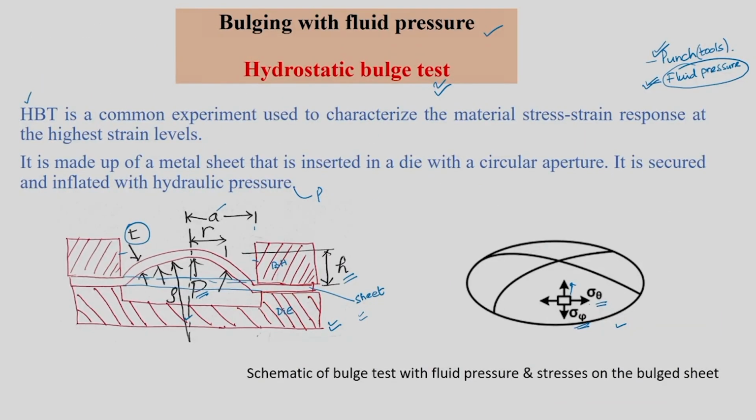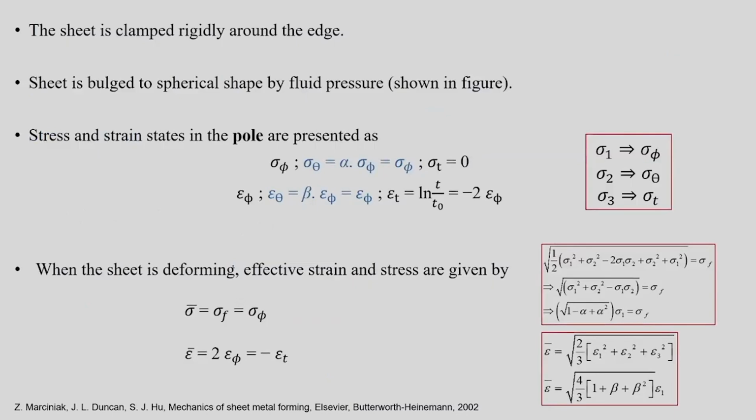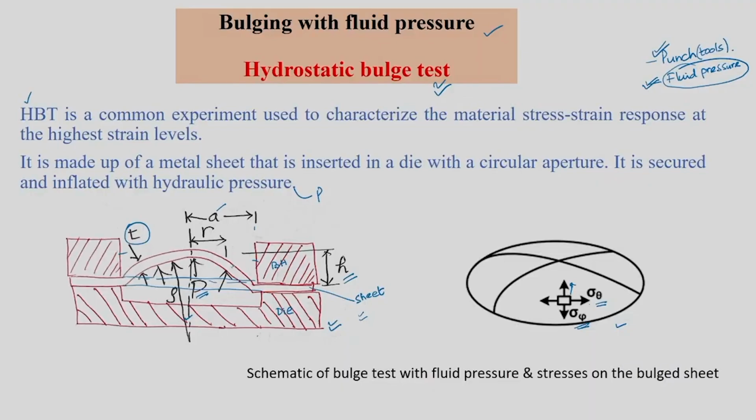You can imagine that this shape is approximately spherical, and we look into the state of stress and strain. We are going to concentrate mainly on this pole region, the topmost point in this deformation zone. If you look into the state of stress and strain in the pole region, you take an element from this and see the state of stress and strain.